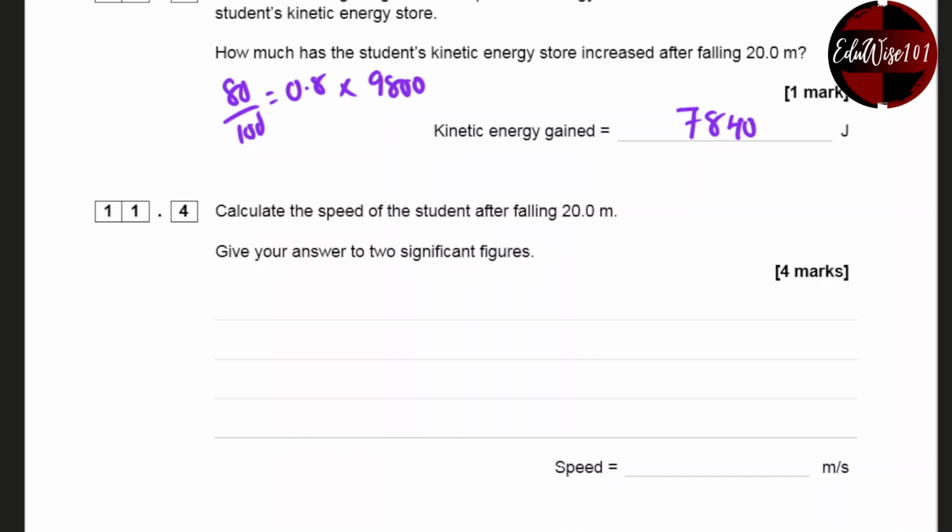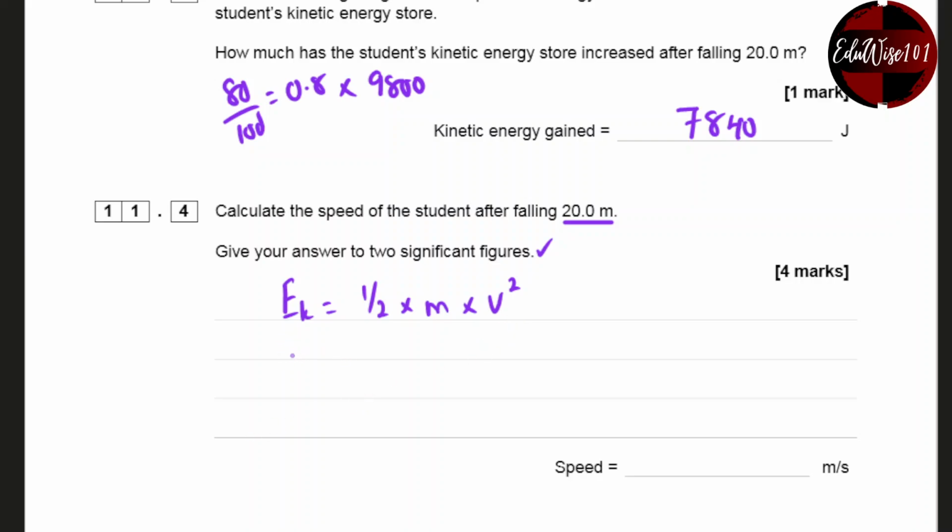Calculate the speed of the student after falling 20 meters. Give your answer to two significant figures which carries a mark here. So the kinetic energy, Ek or KE, equals half times the mass multiplied by the velocity squared. We are trying to find the velocity here.